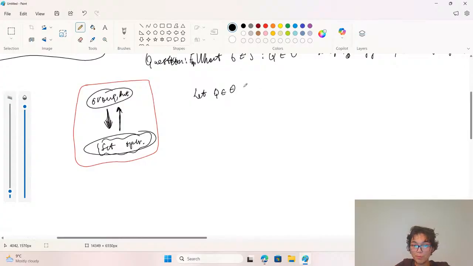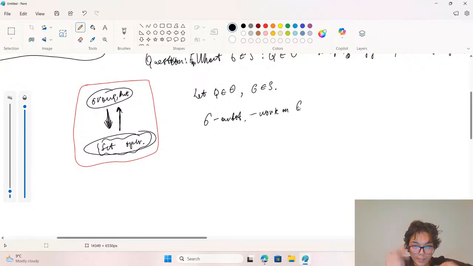And maybe we don't need to look for G in S. Maybe we can choose arbitrarily some set and work on it, work on G. By working, I mean we reduce or expand the set G in a way that G prime, the worked G, and this Q will form a group.